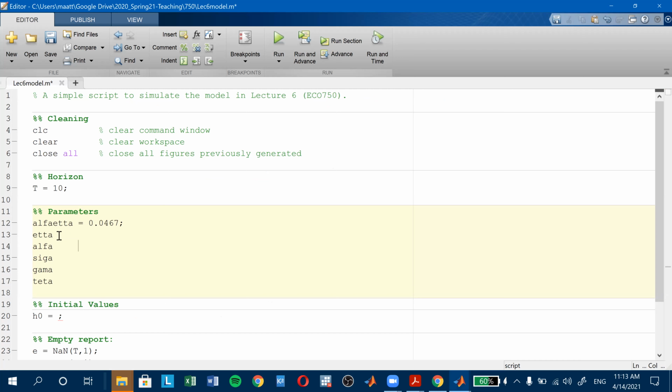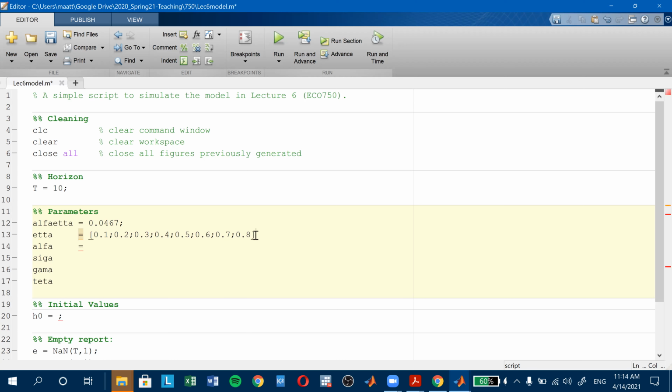Then I told you that you can run the model for different values of eta. So now I'm creating a vector of different eta values: 0.6 and 0.8. You can do even finer, 0.3, 0.5, 0.7.